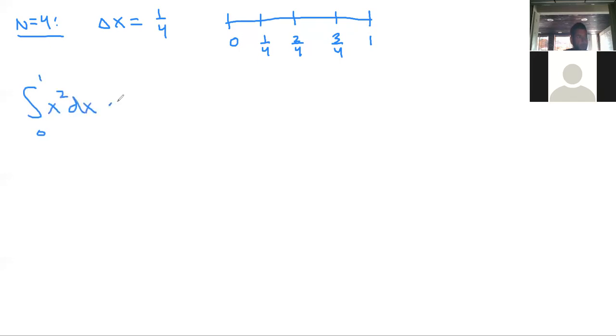And so this is approximately 1/4 times, or excuse me, it's 1/2 times 1/4. Let's not mess up. And then once again, it's f of 0 plus 2 times f of a 4th.